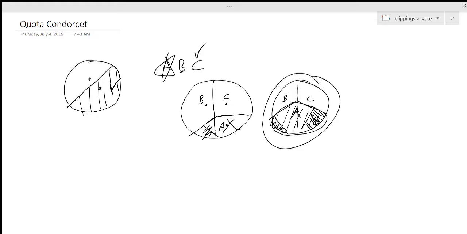So these are details, but are important, and it just ensures that if a candidate is really popular, then people aren't going to be afraid to vote for them because their vote's not going to count twice, and they won't be able to have an input on the next set of voters.